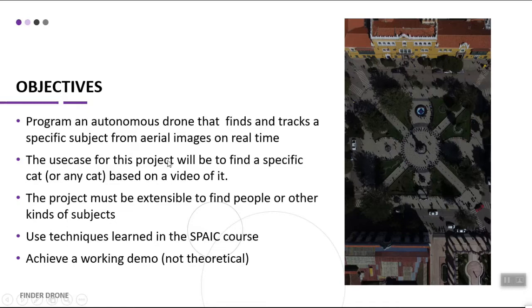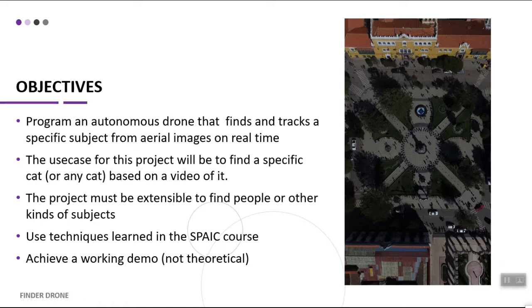The use case for this project will be to find a specific cat or any cat based on a video of it. So you can record a video of your cat, and the drone should find it. With some restrictions, of course.